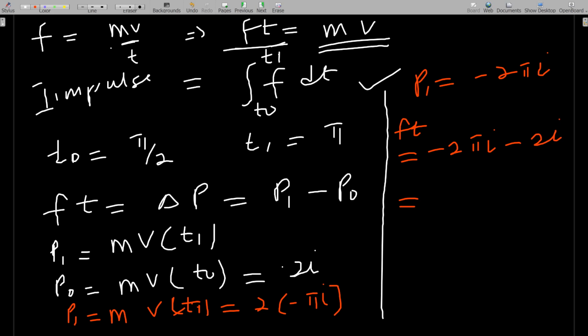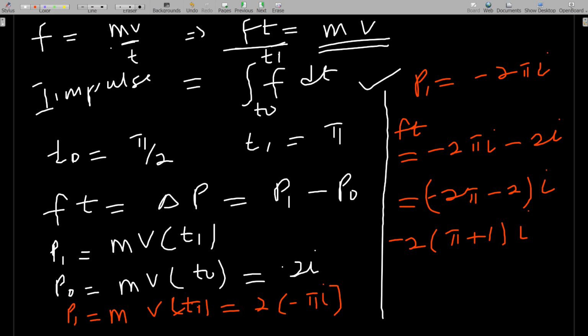In effect I have minus 2 pi minus 2 then I, or somebody can also write it as minus 2 times pi plus 1 I. However you see it in the equation, or you leave it in your solution, that is also right. I hope you got this. That is the impulse for this particular question.